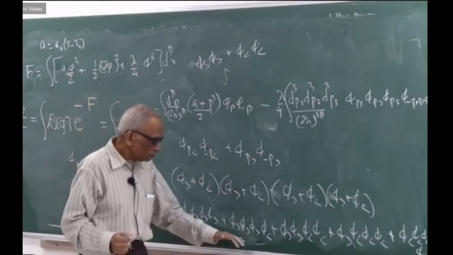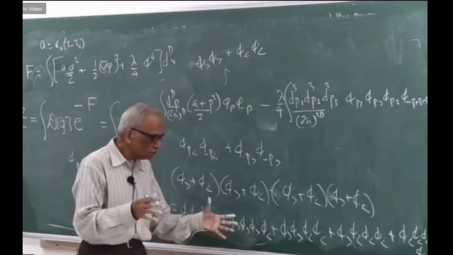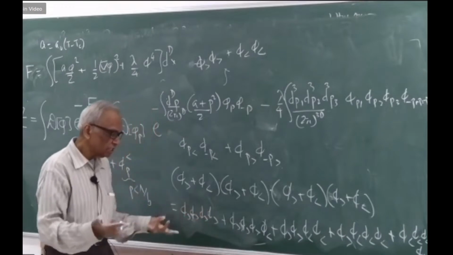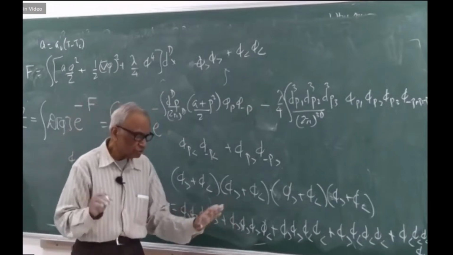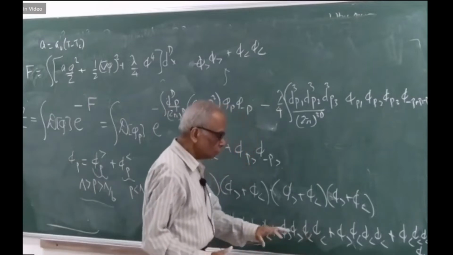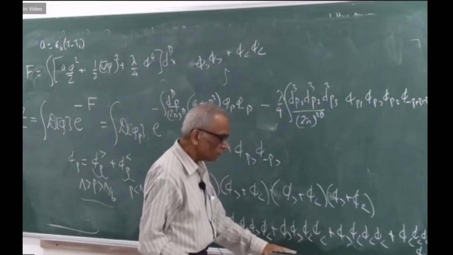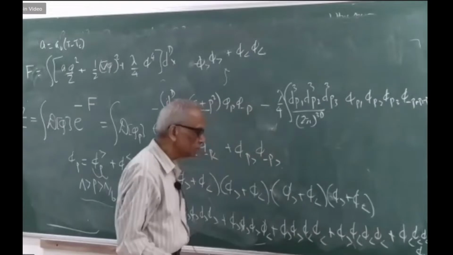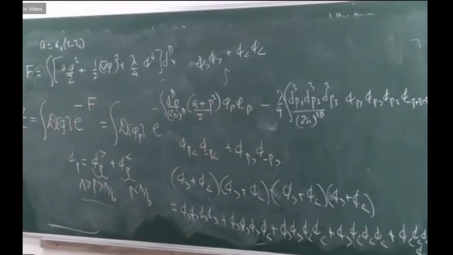And then there are these 3 and 1, they would average out on taking an expectation value, the 3 ones. And then there is this 2 and 2. So the 2 and 2 will survive, the 4s will survive, the others would go away.